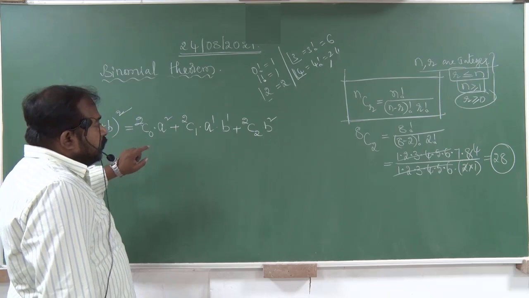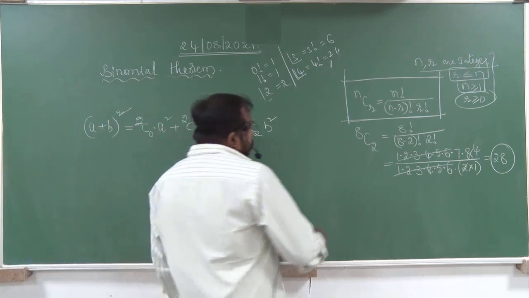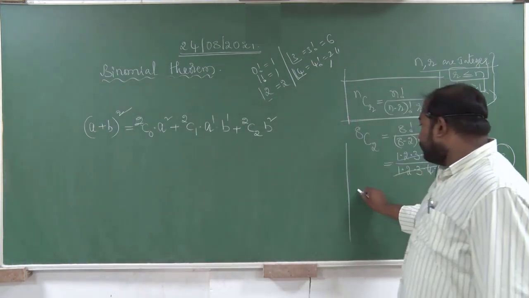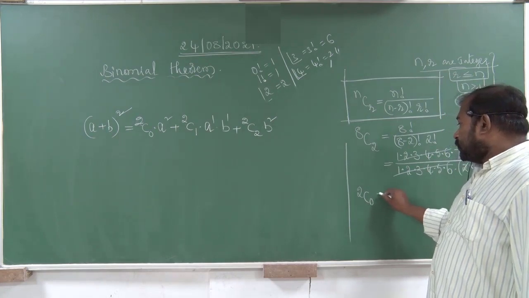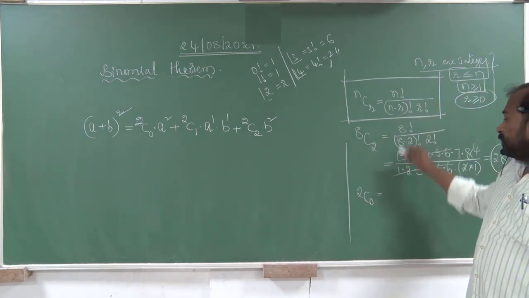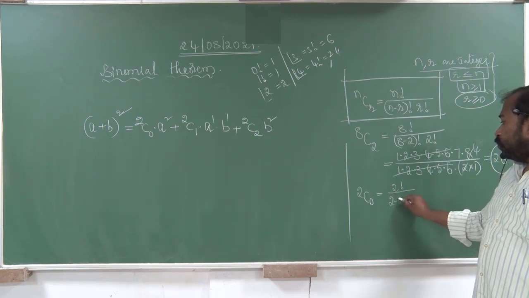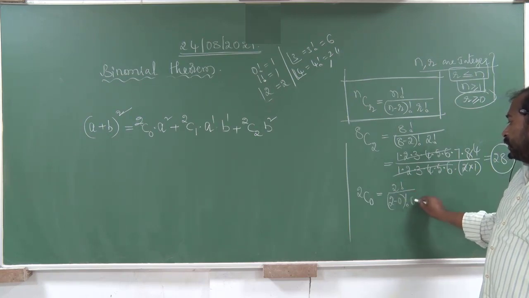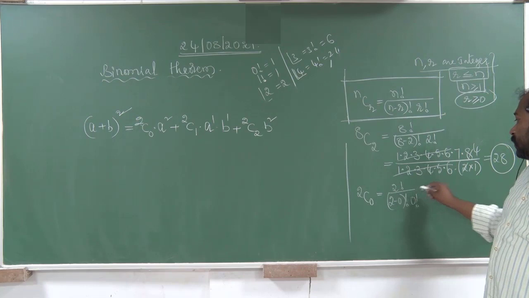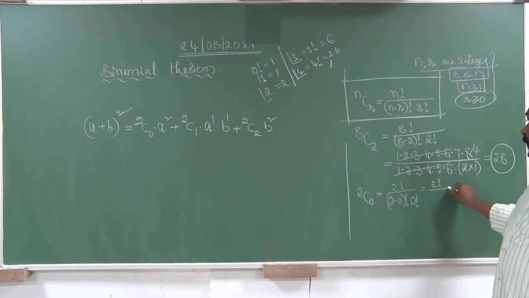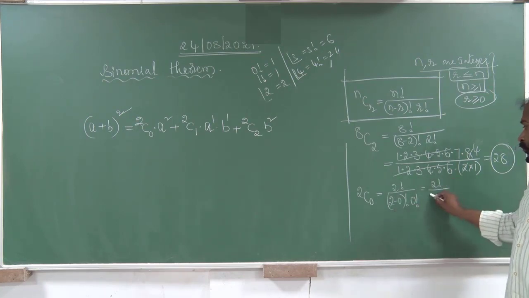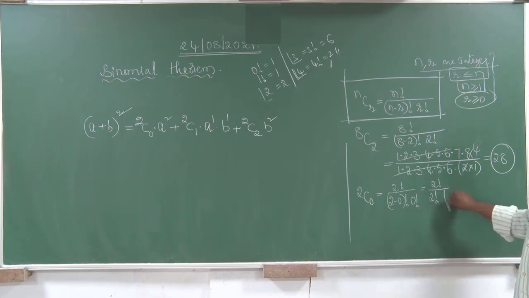So 2C0, what is the value? Of course, here you can calculate. 2C0 is equal to, applying this formula, 2 factorial by (2 minus 0) factorial into 0 factorial. So the numerator is 2 factorial, and 2 minus 0 means 2 factorial. 0 factorial means 1. Both get cancelled, giving 1.